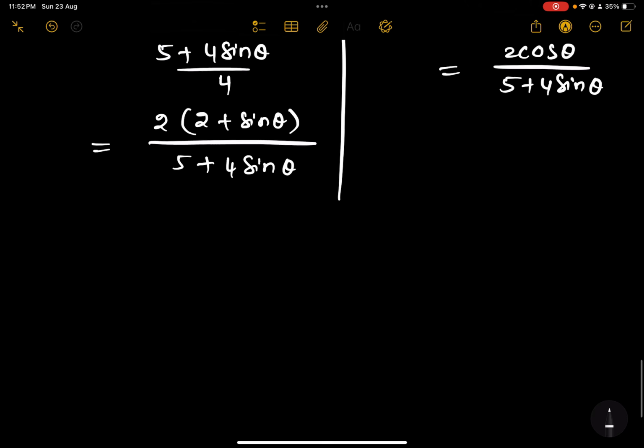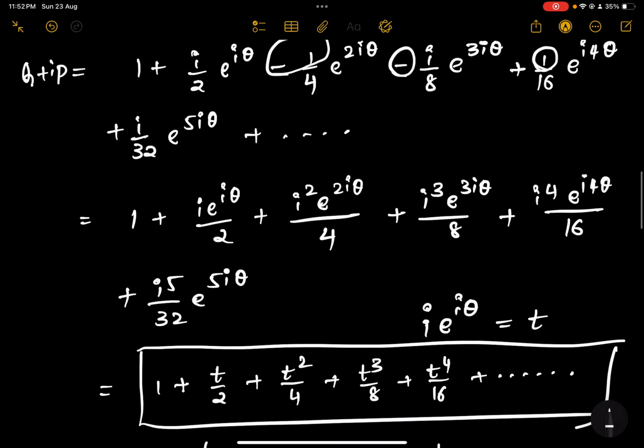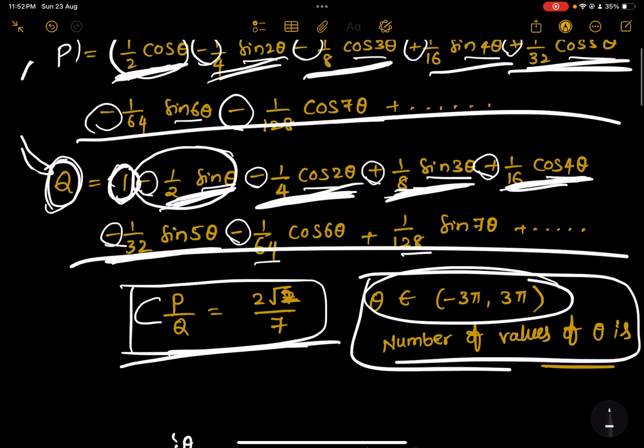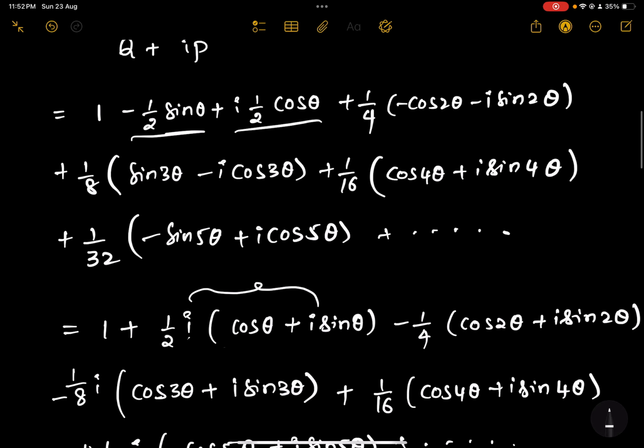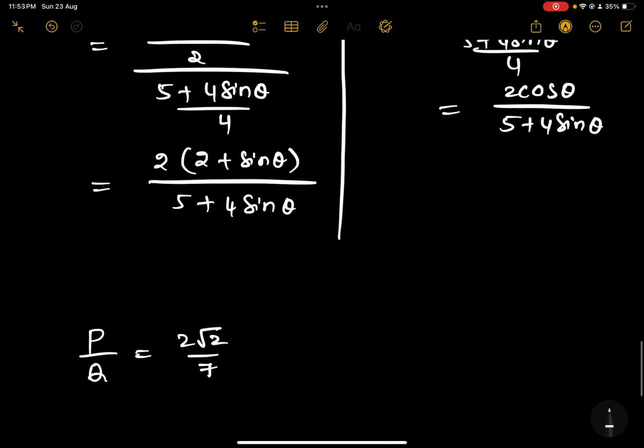Alright, now the next thing to do is to consider this. p upon q is equals to 2 root 2 upon 7. So what is p?